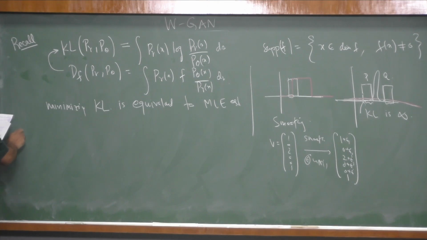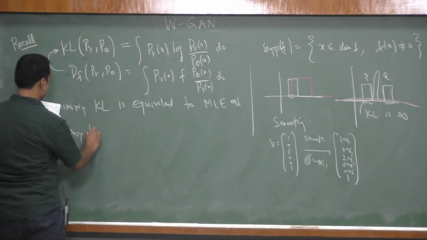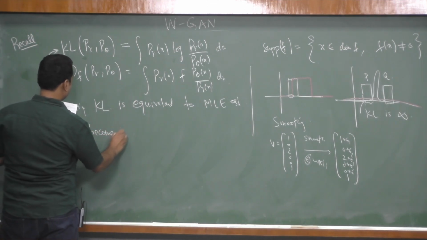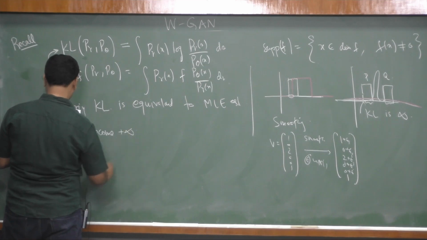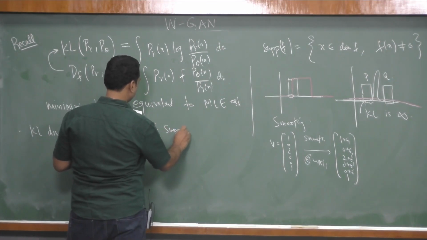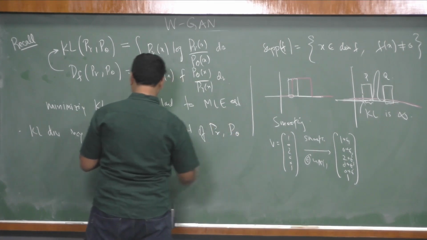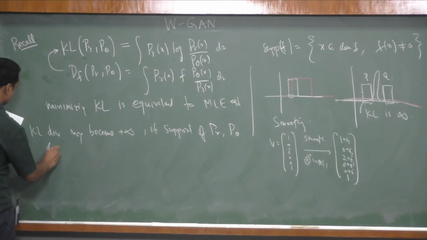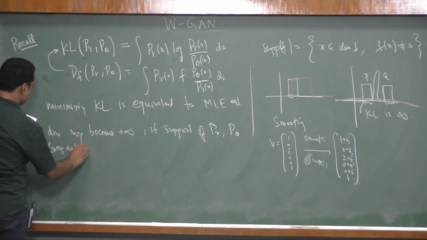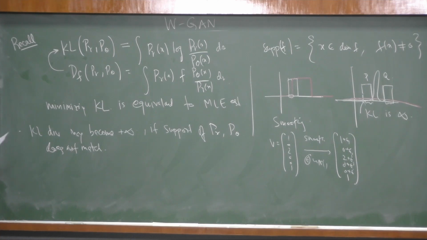So just to keep in the notes, KL divergence may become infinite if the support of P_r and P_theta does not match. So the remedy is to add a noise, as I said.